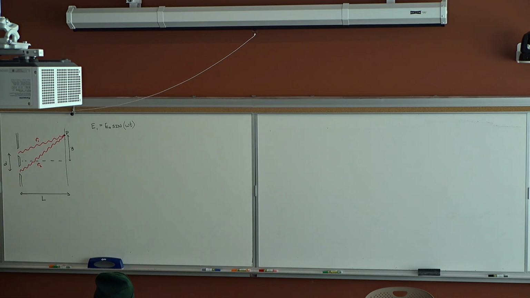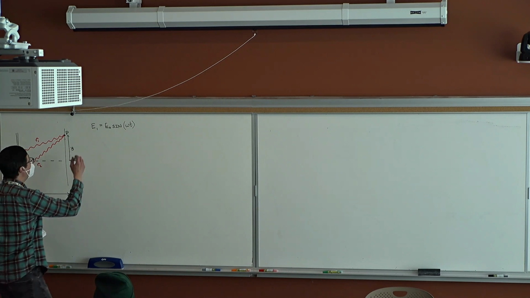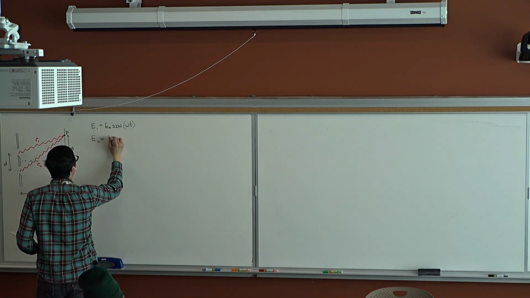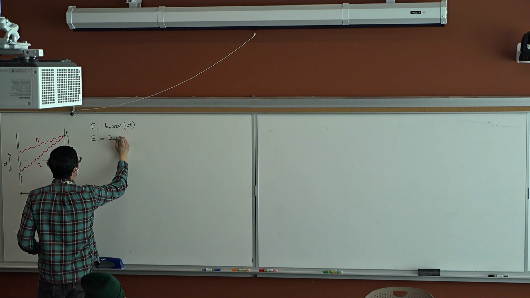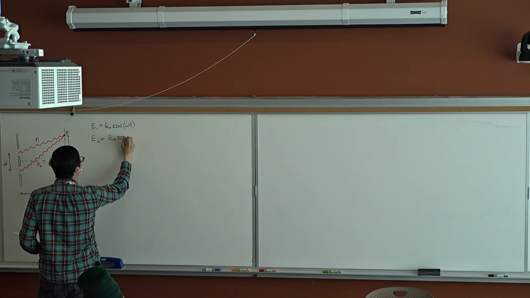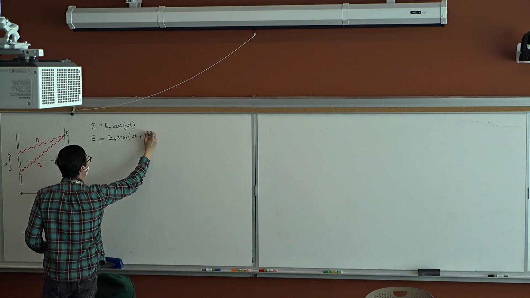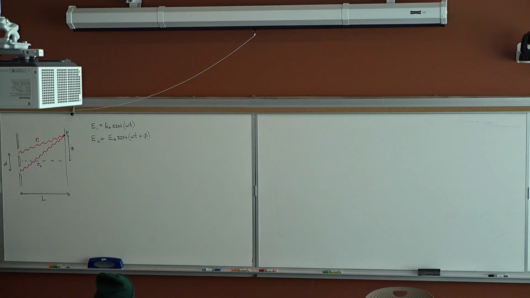Does that make sense? And so E2 would then just look like E naught sine of omega t plus phi. Is that sort of all right?